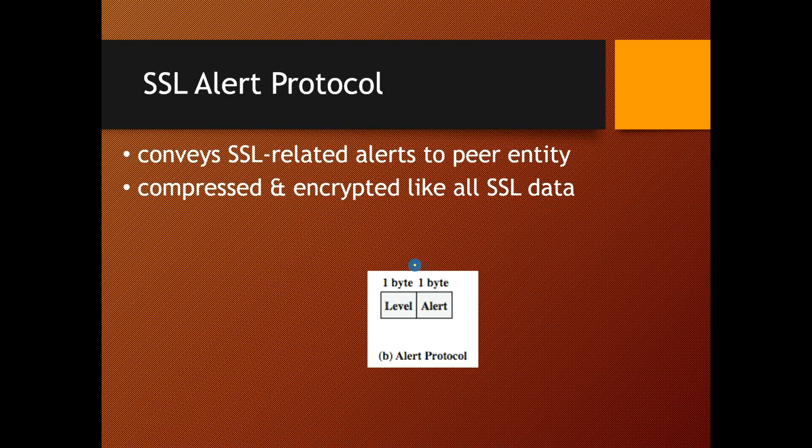The first byte will take the value either warning or fatal in order to convey the severity of the message. If the level is fatal, then SSL will immediately terminate the connection.